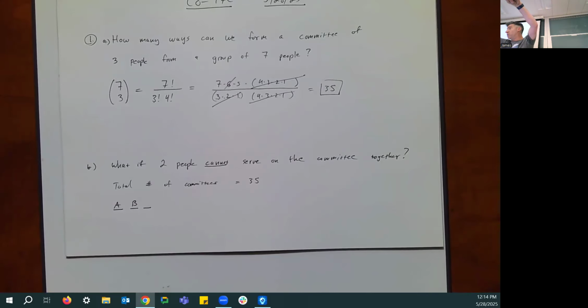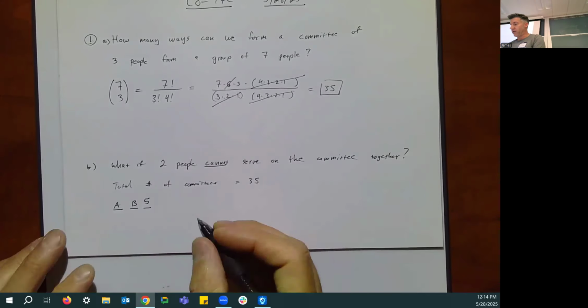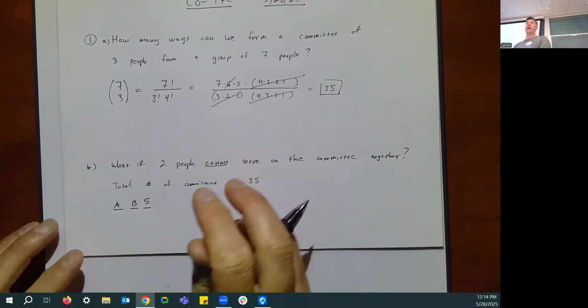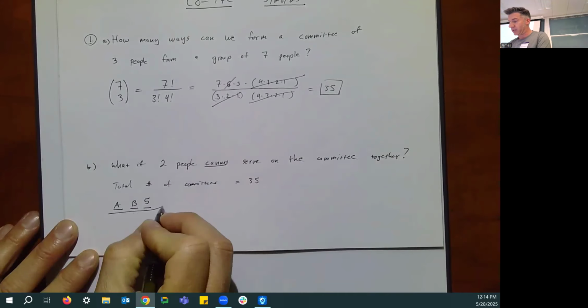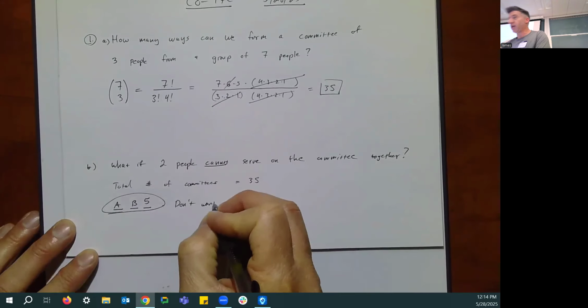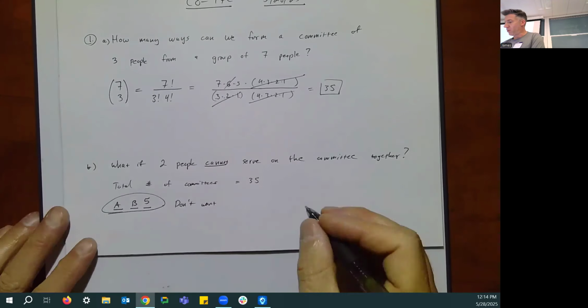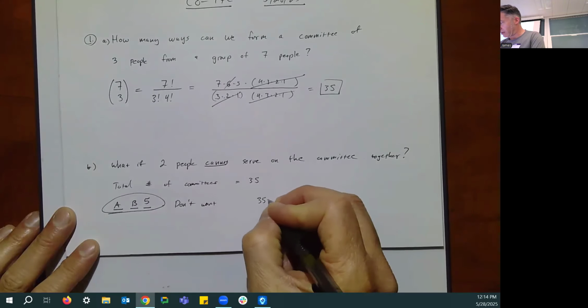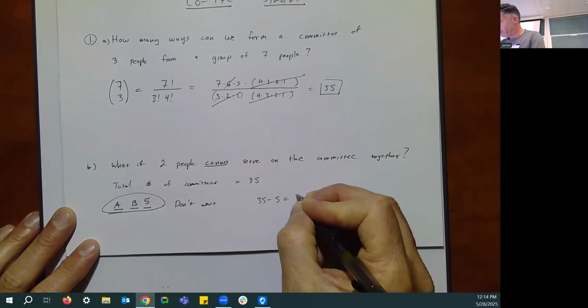So there are 1, 2, 3, 4, 5 different choices. So the number of committees we don't want, where A and B are together, is 5. Our answer here is going to be 35 minus 5, which is 30.